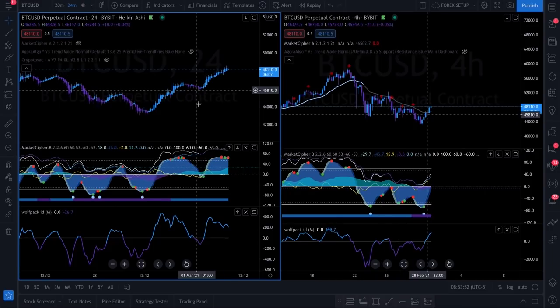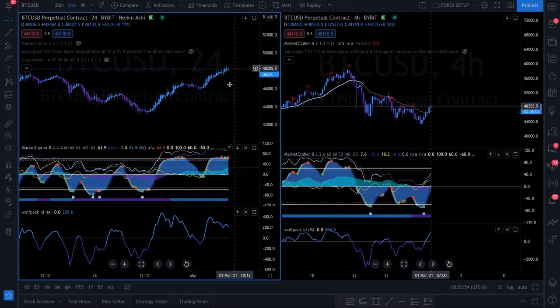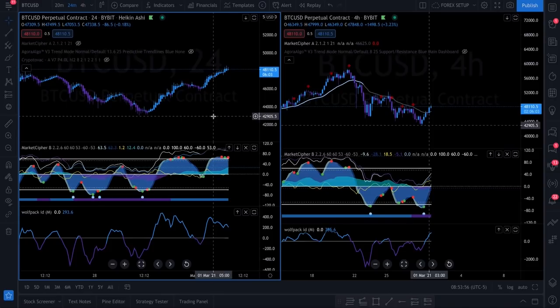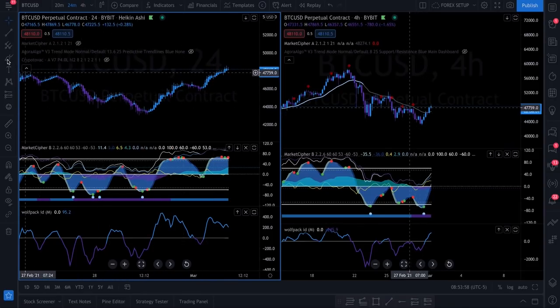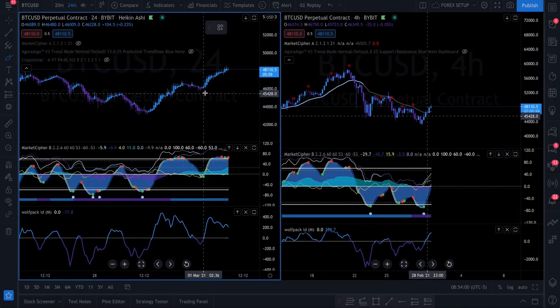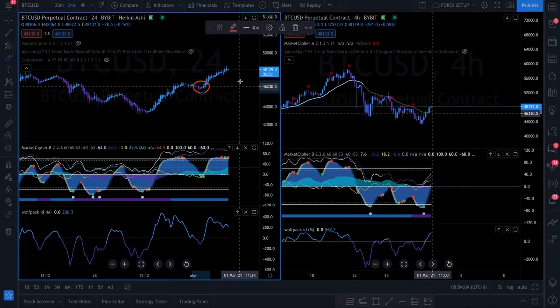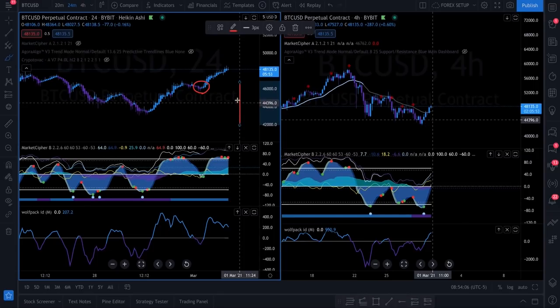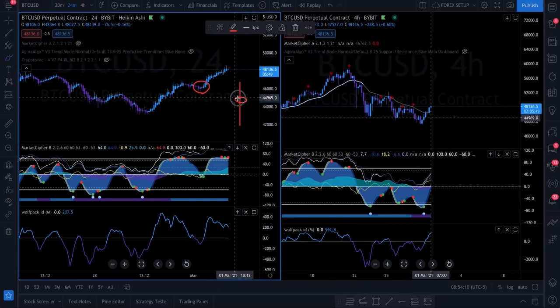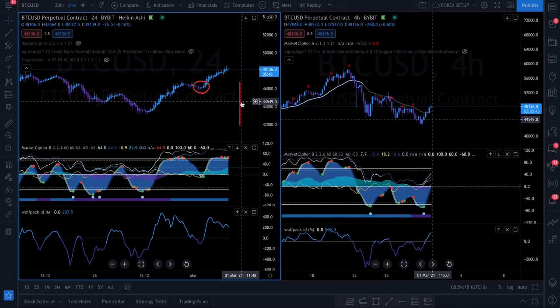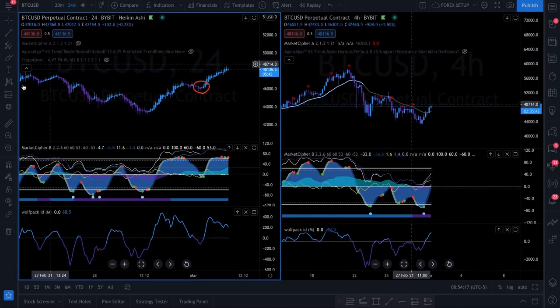I like to use the Heiken Ashi candles on the 24-minute time frame because it really helps me see the trend very well. Like right here, we can tell with the Heiken Ashi candles when they start printing dojis, and if somebody doesn't know what a doji is, it means the candle has a very long wick like this and a very small body like this. When Heiken Ashi candles start printing these dojis, that signifies an end or a change in the trend.